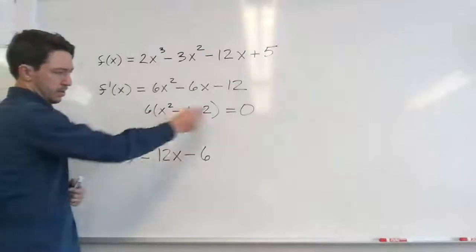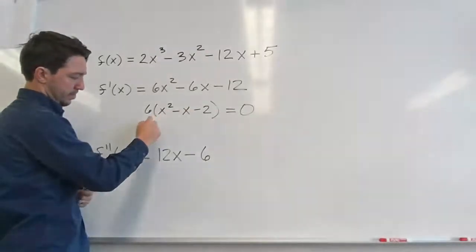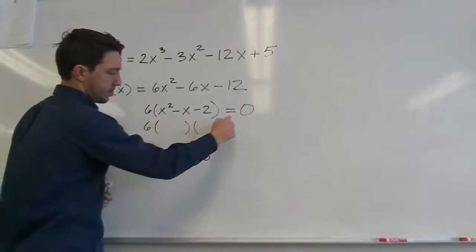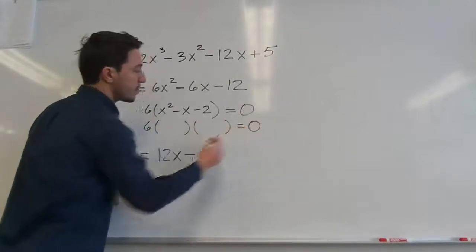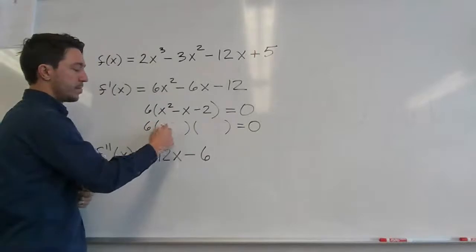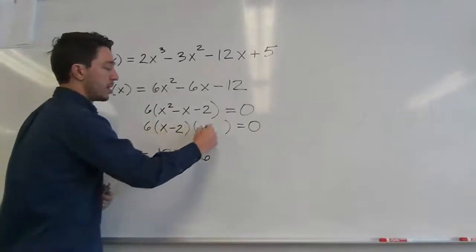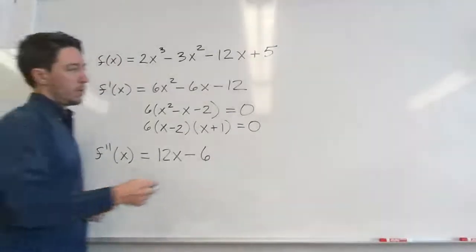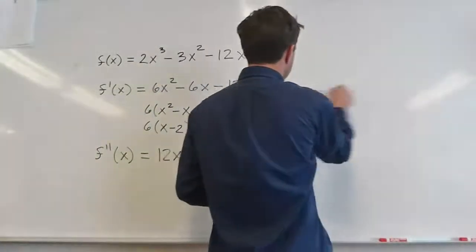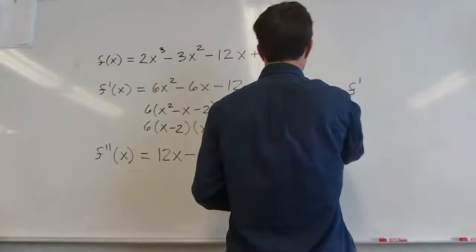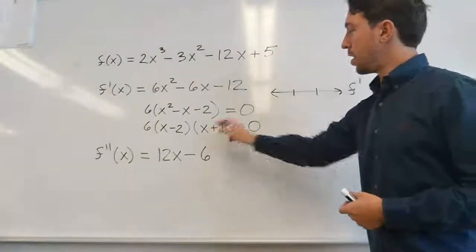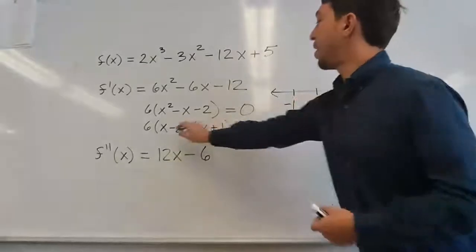All right, so solve this. What do I get? Minus 2. That seems right. And so the critical numbers that go on my f prime number line are negative 1 and positive 2.